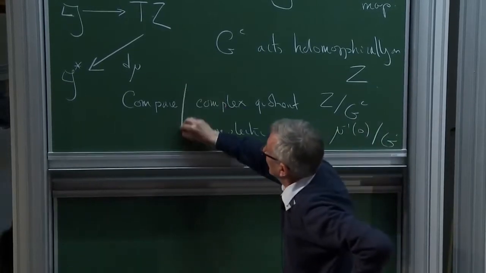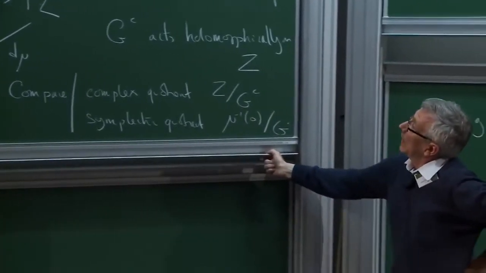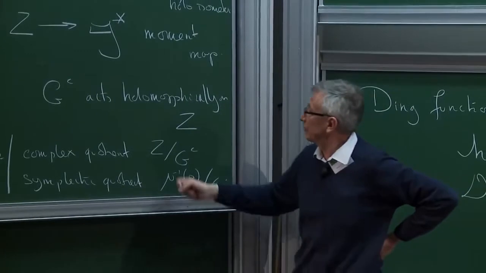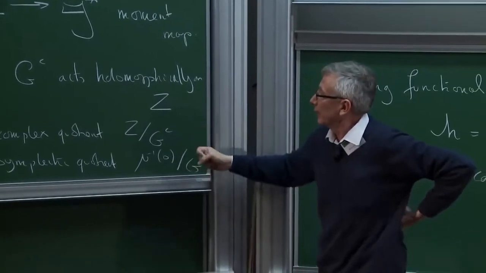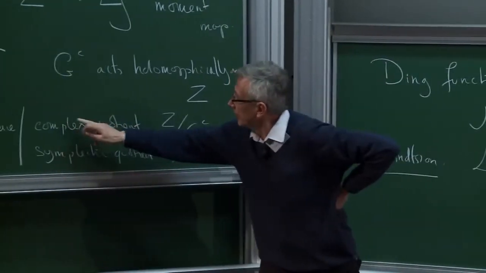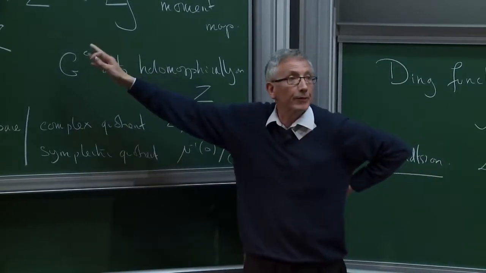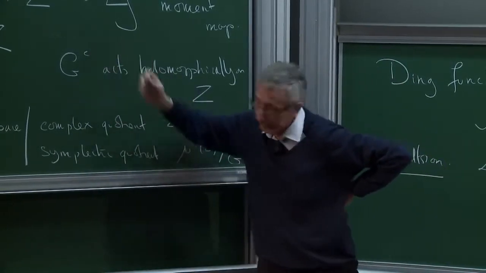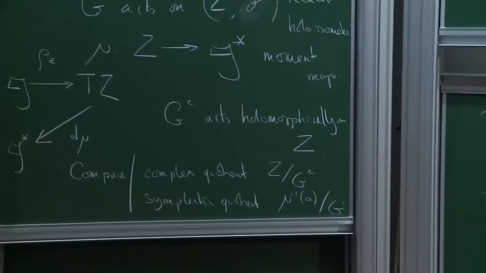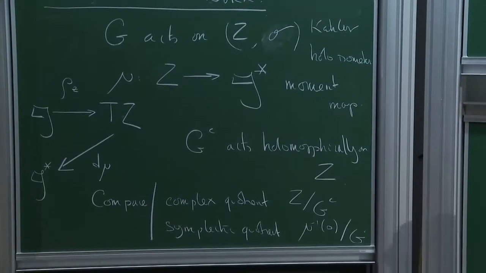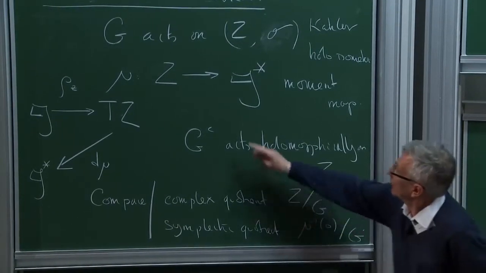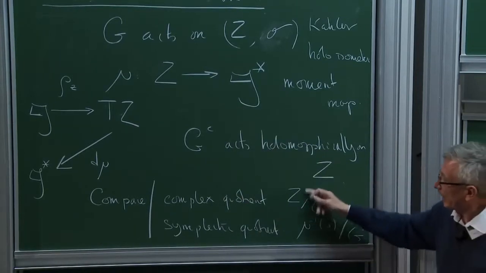So the general idea is that these things will not be precisely the same, but if we restrict to a set of stable points in our manifold, if we leave out some sort of exceptional or bad points in Z, then these things will match up.